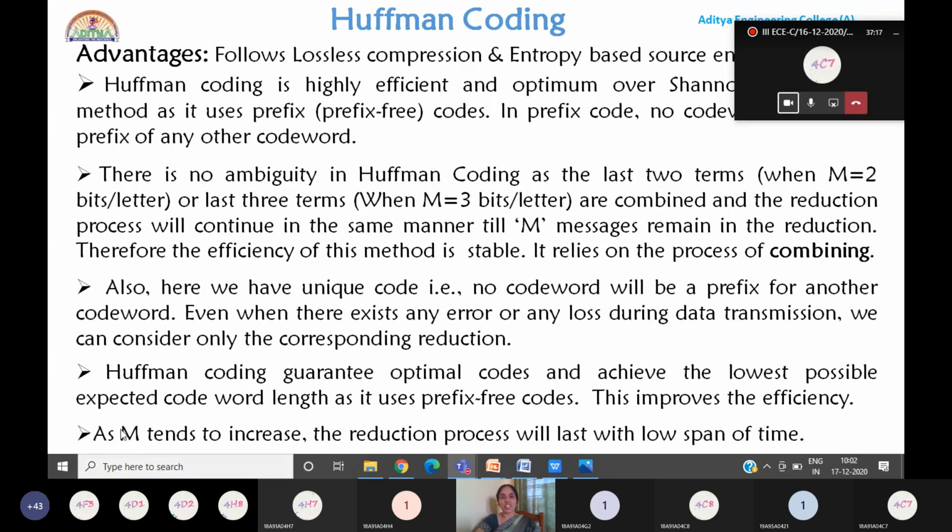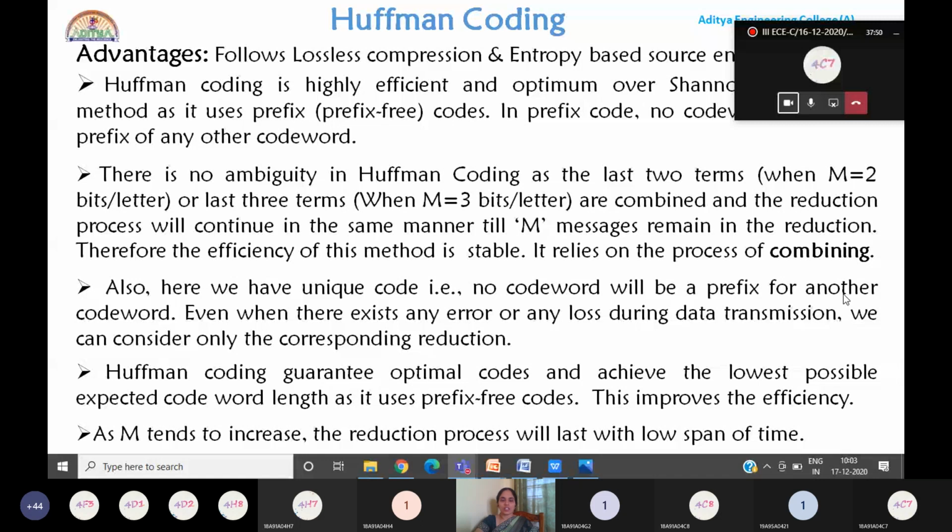And especially in Huffman coding, as M tends to increase, the reduction process will finish within a low span of time, because we'll combine the last three terms. If you add up the last three terms, you can finish the reduction or combining process within a short span of time. These are all the advantages of Huffman coding.